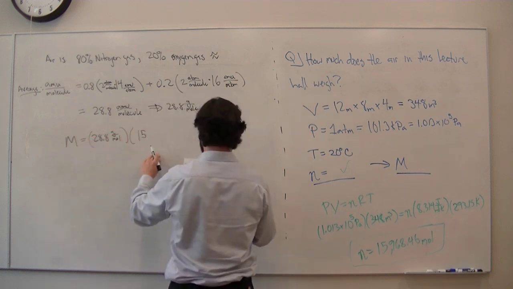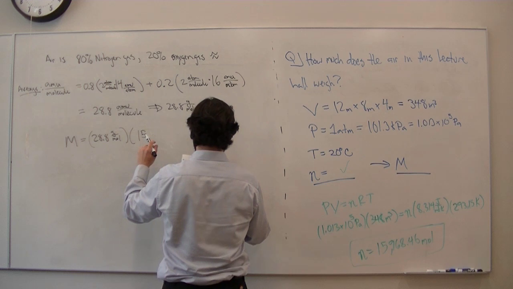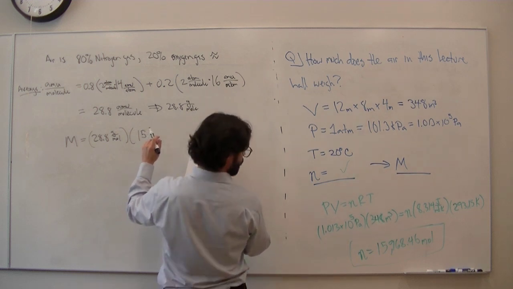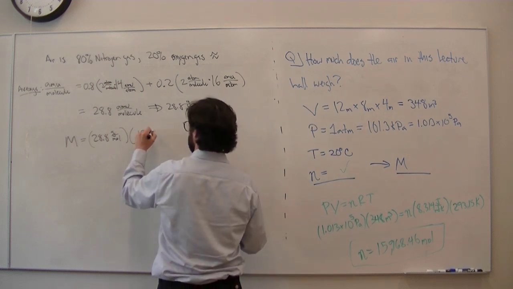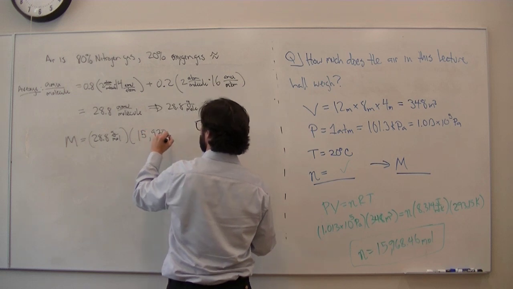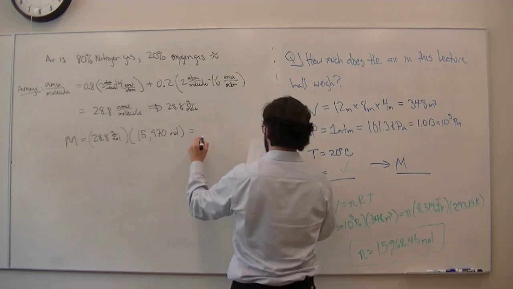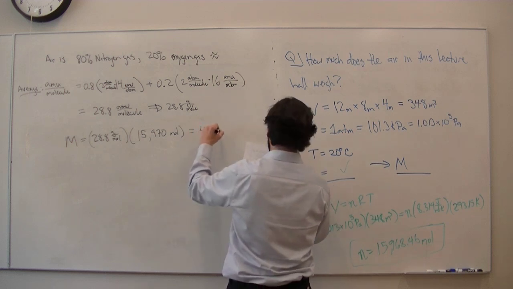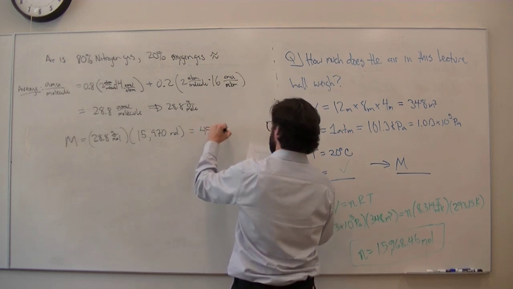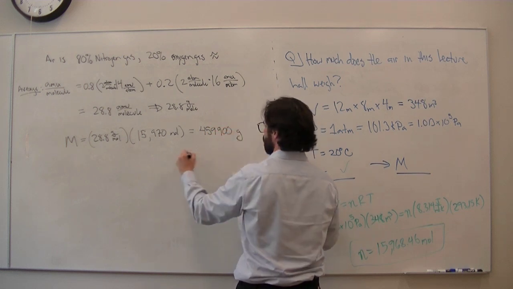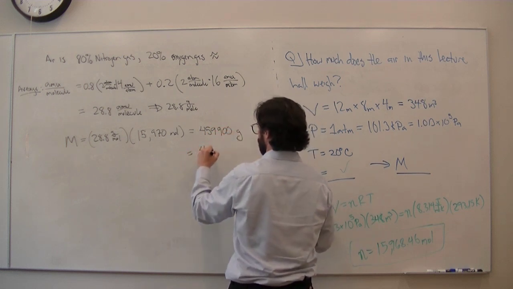I'm going to truncate this a little bit as needed. Call it 15,970, and we're at about 450.